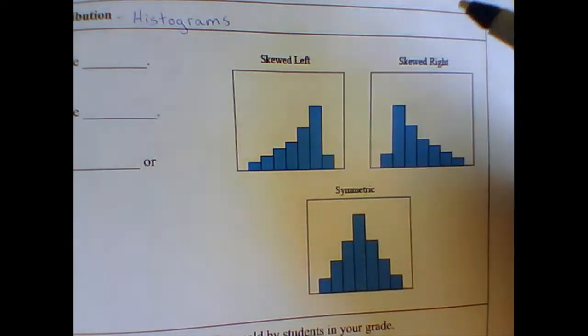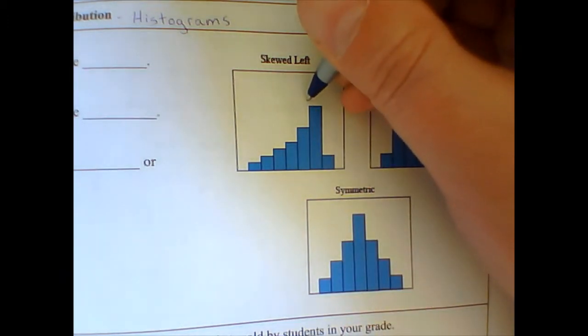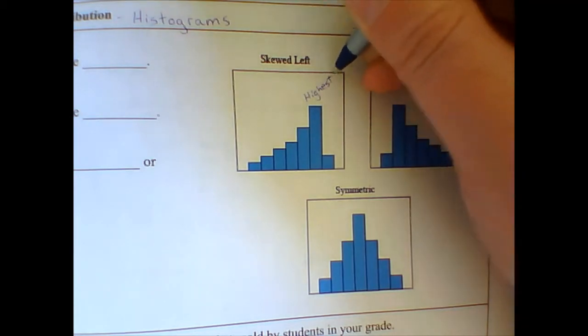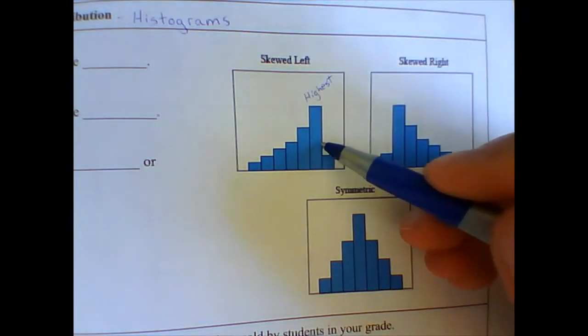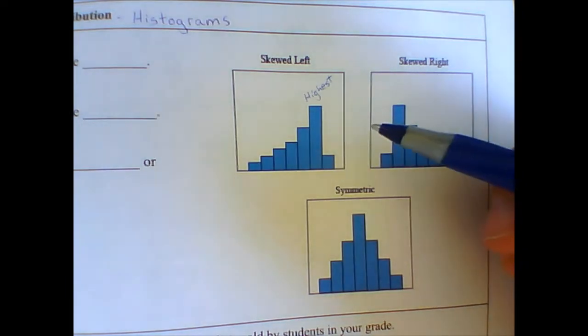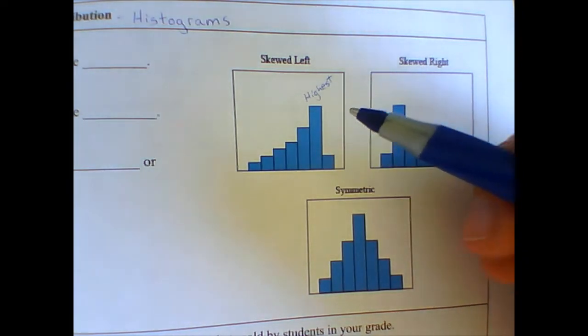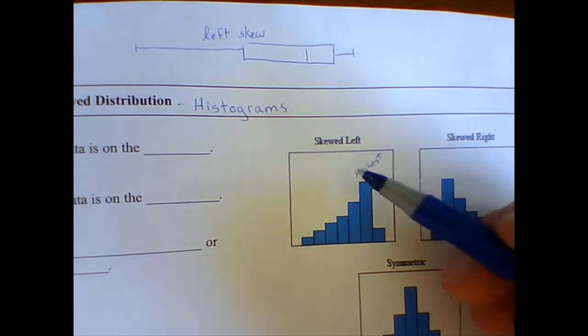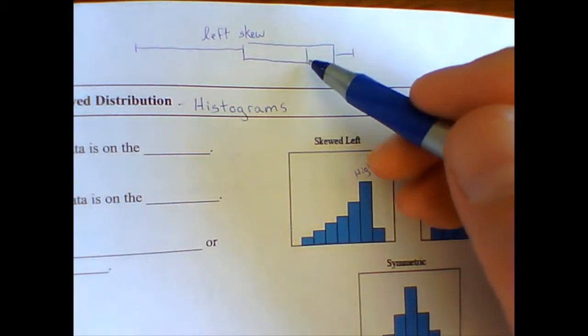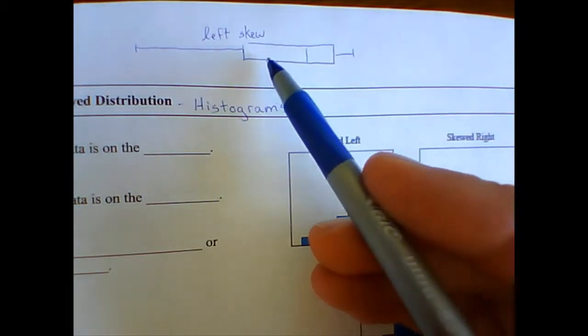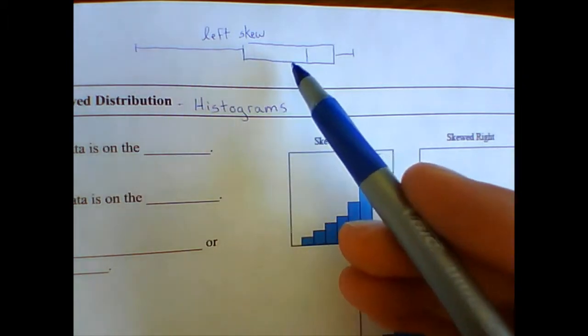Okay, these are histograms, and the way you do it with histograms, find your highest peak. Okay, the highest part of your data. So in this histogram, lots and lots of data has stacked on top of itself to make a really, really high area right there. And we're going to treat that kind of like the median.